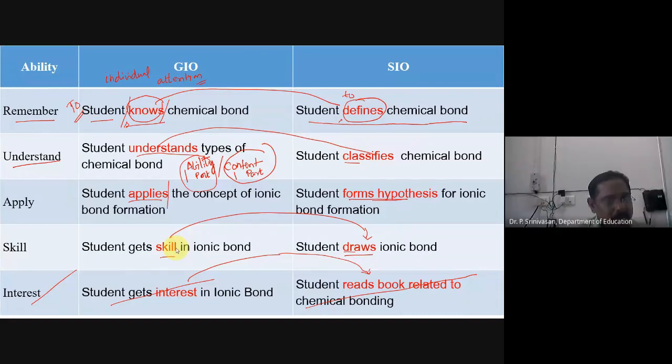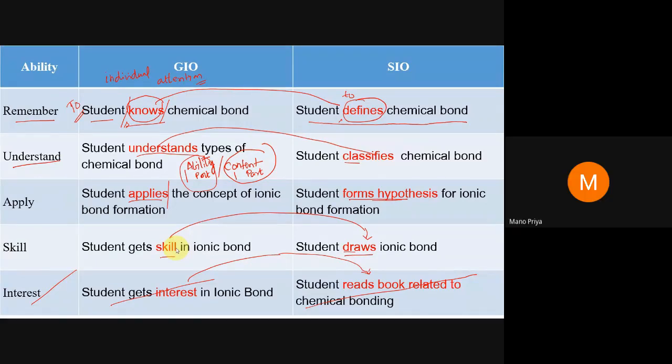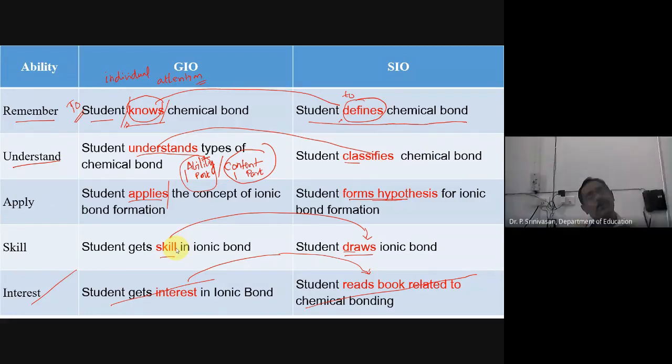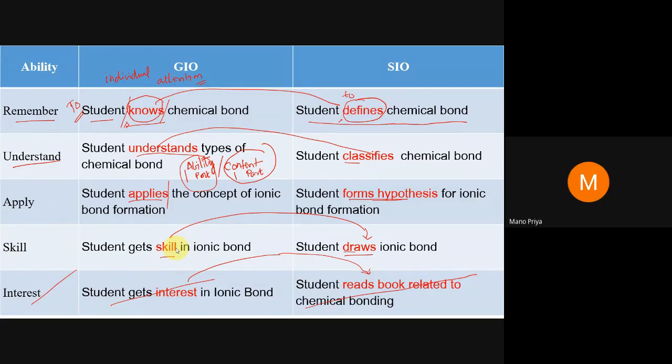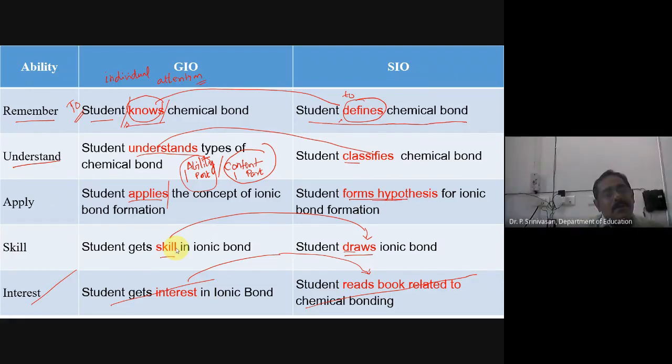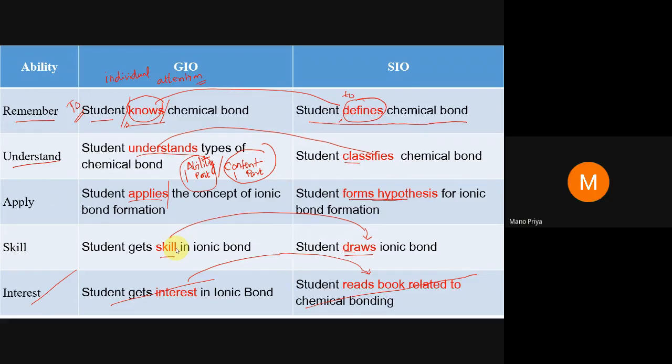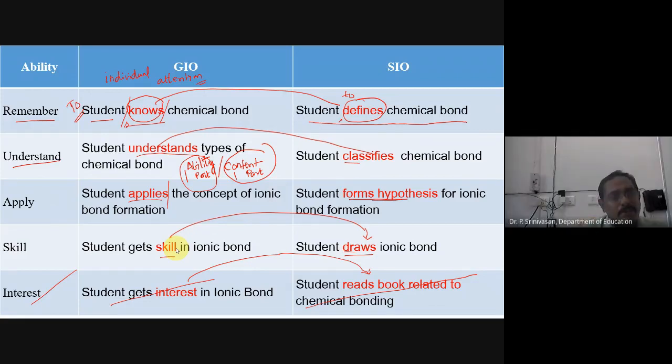In the ability point, we have the Benjamin Bloom's taxonomy domain, sir. In the content point, the content should be there, sir. What we are taking, that content should be there, sir. And there should be a difference between GIO and SIO, sir. What type of difference, sir?